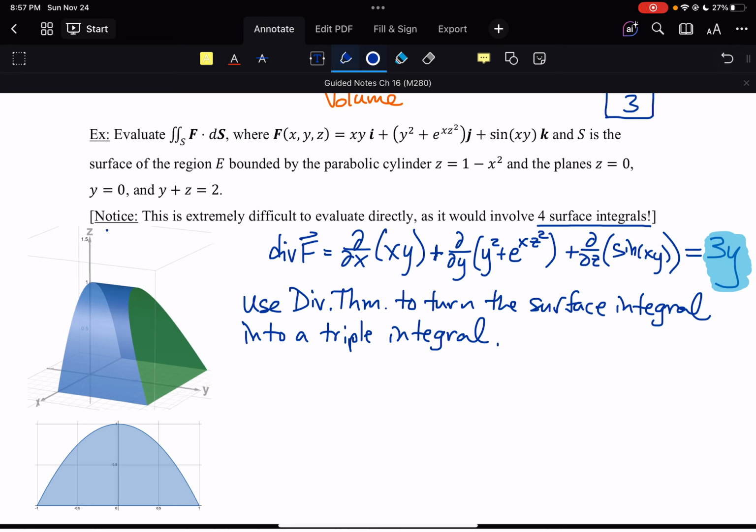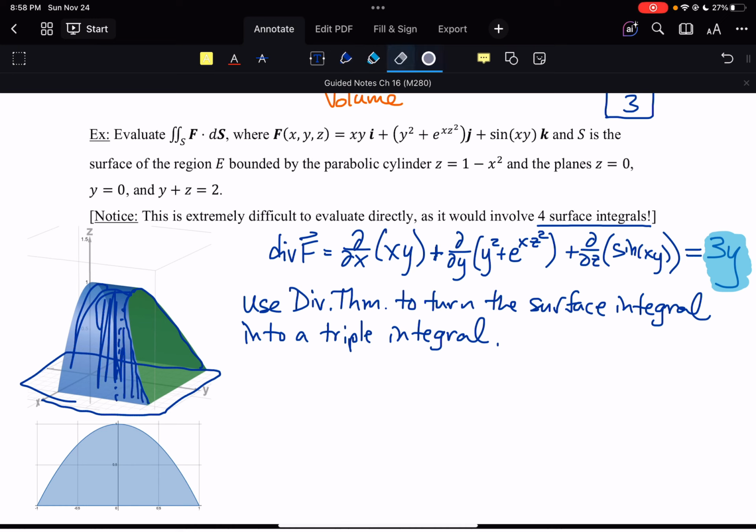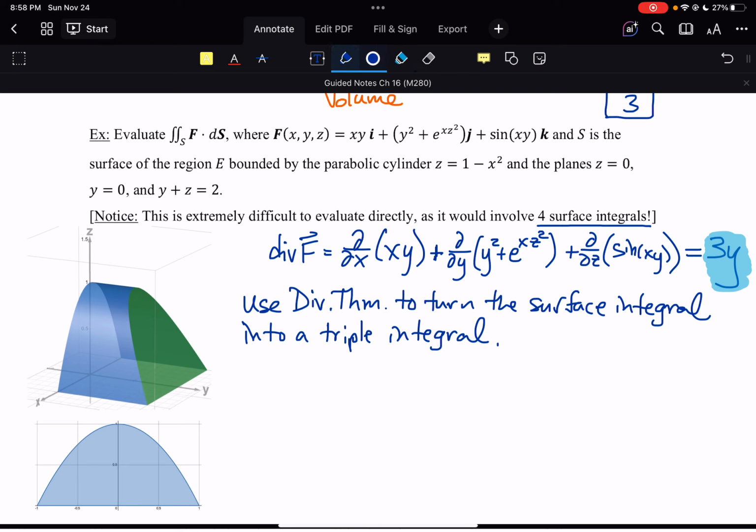If we project onto the XY plane down here, you'll have this surface going down, but then this one actually cuts into it a bit, so you'd have to draw a boundary here and then evaluate different surfaces for different parts, which again is also not ideal.